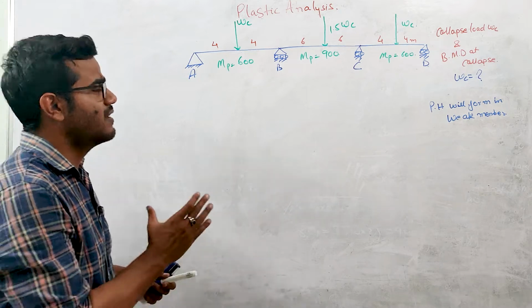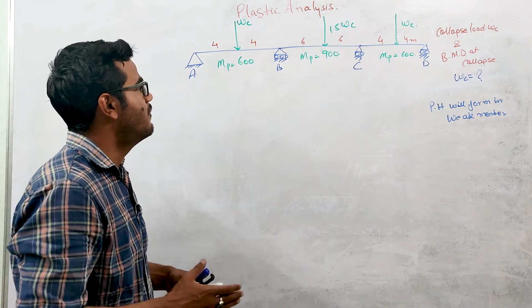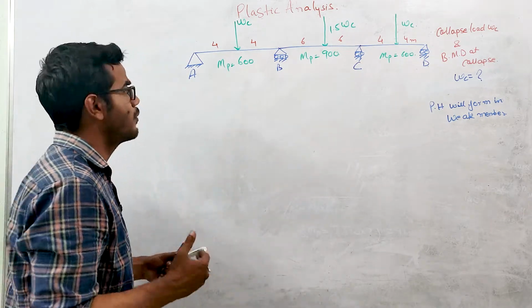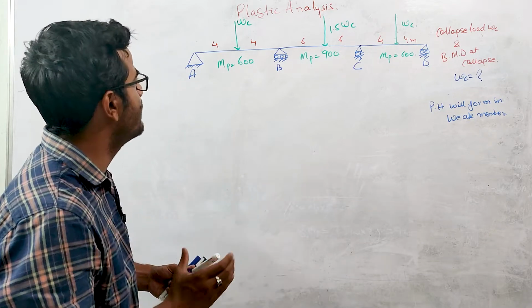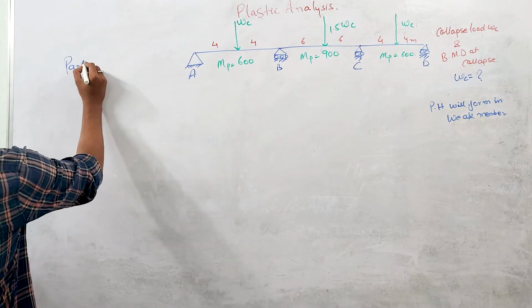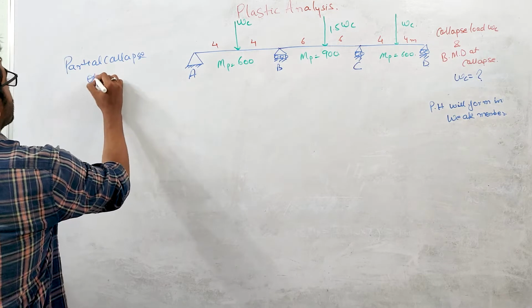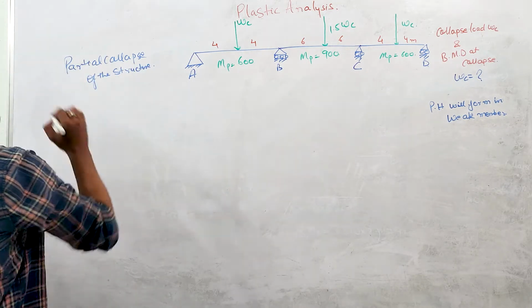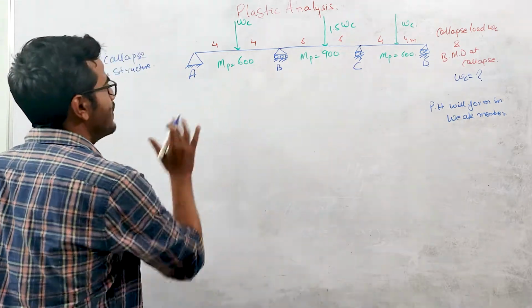We have discussed this type of problem in the static equilibrium method, where we came to the conclusion that in the continuous beam there will be a partial collapse of the structure. What I mean by partial collapse: what is the static indeterminacy of this beam?